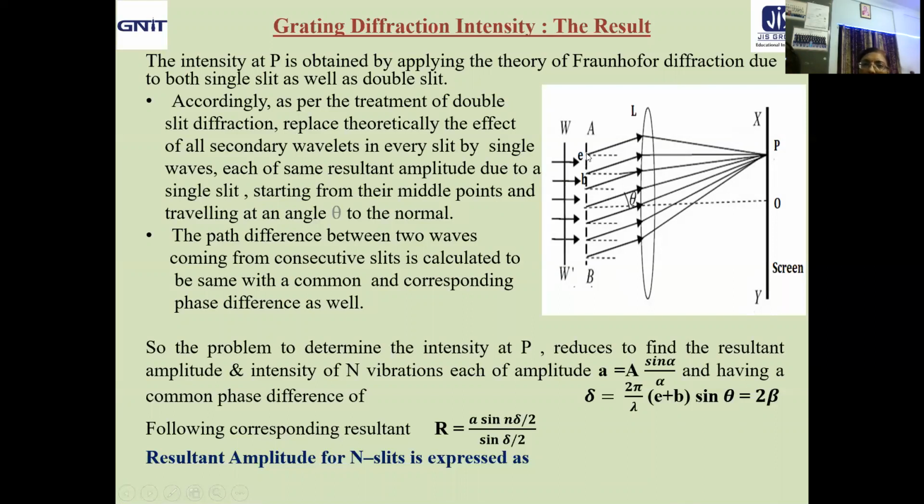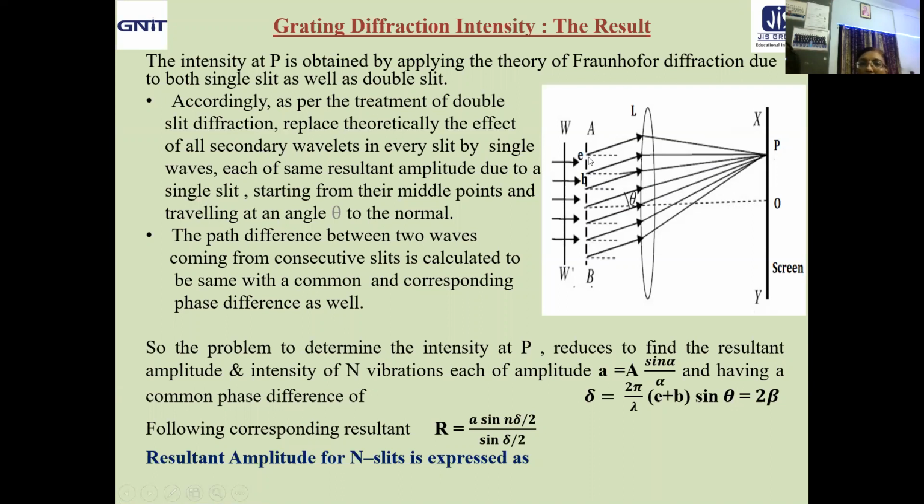Now, what about the path difference between the waves coming from consecutive slits? Here we have n number of secondary waves coming out, each having the amplitude which is the resultant due to each single slit in the direction theta. But since they are diffracted at an angle theta to the normal, there is a path difference between the waves coming from consecutive slits.